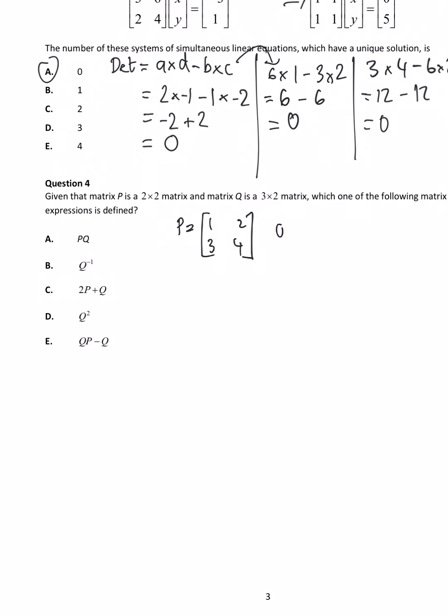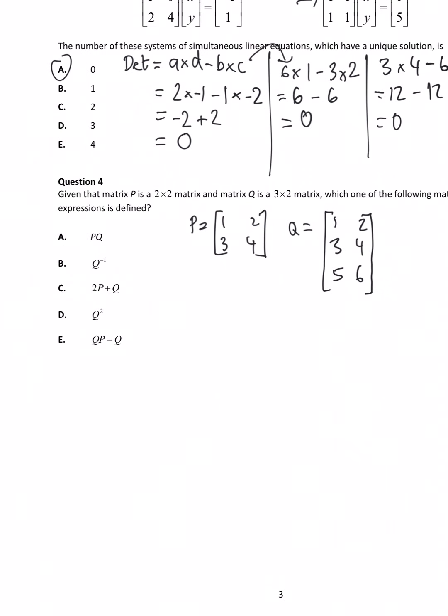Then you could make a random 3 by 2 matrix for Q. Define them as P and Q, and you could just do each of these one at a time.